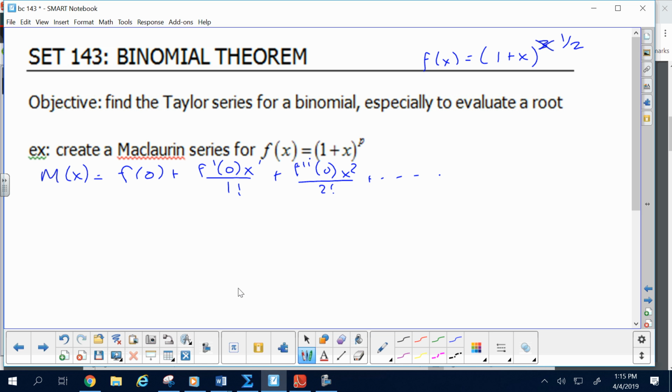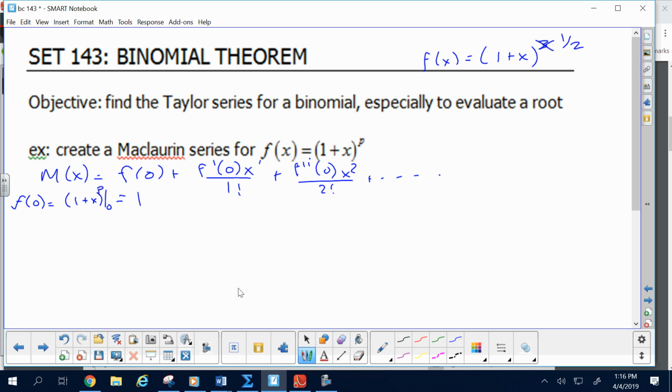You with me? Now, the more complicated the function is and the derivatives are, the more you should keep it organized. This has very complicated derivatives. So this is what I'd like you to do. Go off to the side and say f at 0. We're going to chart what we're doing. We're going to show the derivative, and then we're going to evaluate. So, for example, when I say f at 0, that's 1 plus x to the p, evaluated at x of 0, is 1 to the p, or 1.